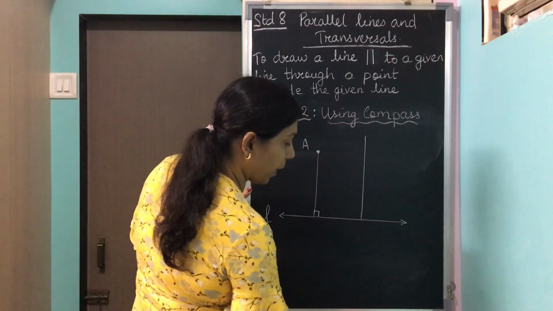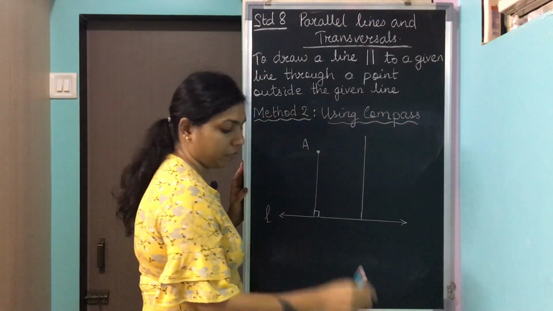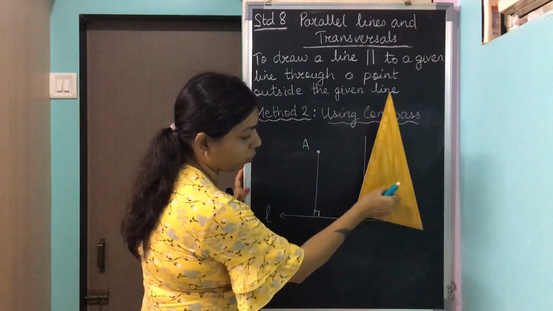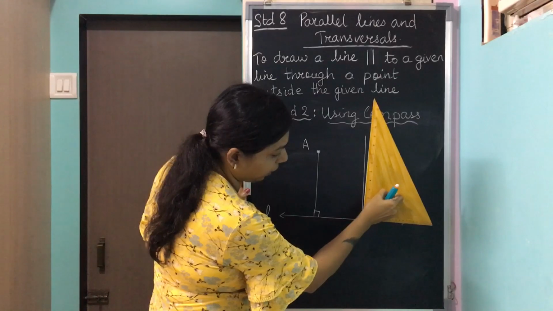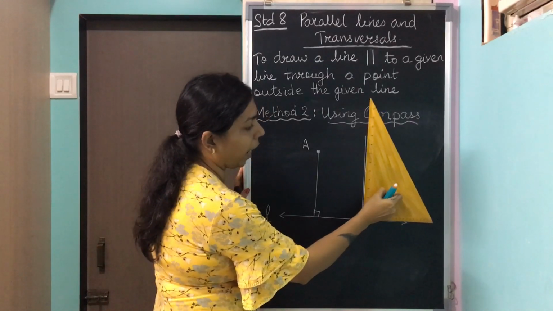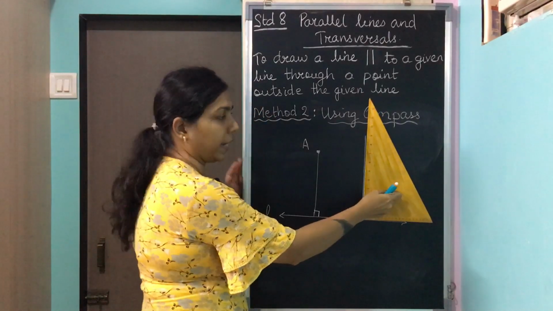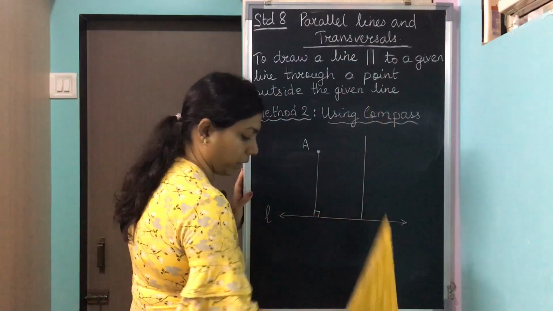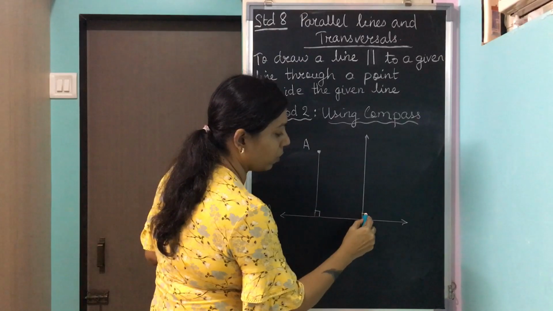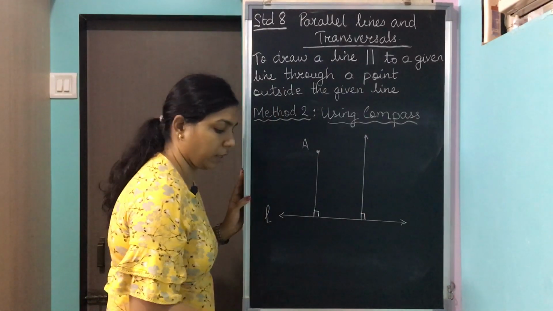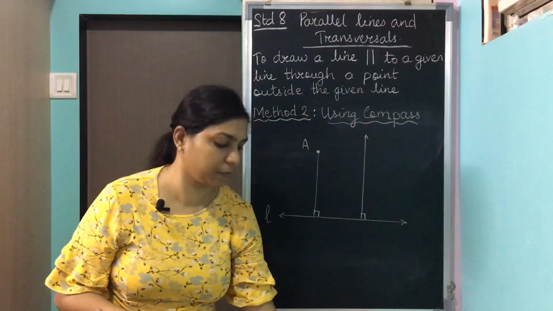I have not taken any fixed measurement. I have just taken the set square anywhere on the line, wherever I would like to keep it, and keeping it straight, adjusting it straight on the line, I have just drawn a line on the side of the set square. Now this line that I have drawn is also perpendicular. It is 90 degrees. Next we take our compass.